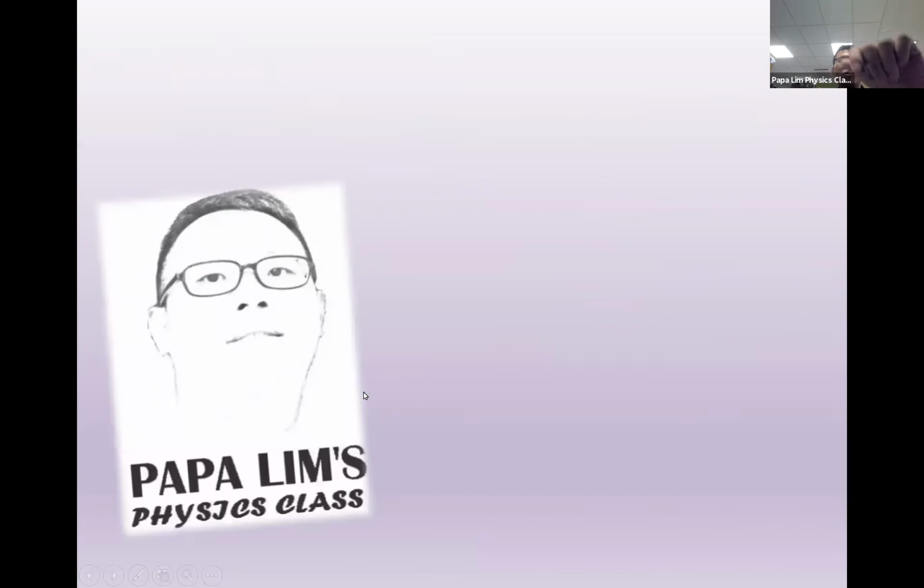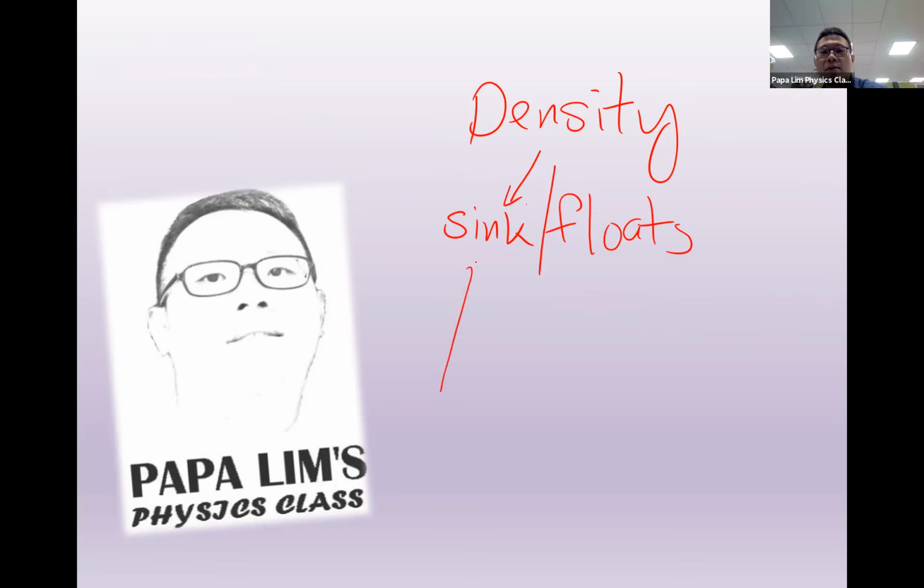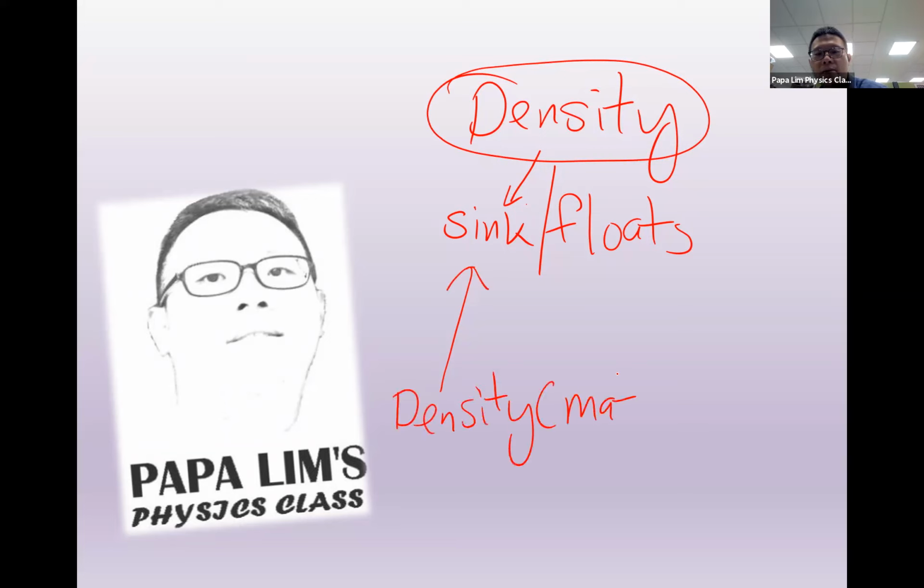So in short, when we look at the concept of density, we talk about sinking and floating. The first thing we look at is whether it sinks or floats. We look at density in terms of mathematics, in terms of formula, which is density equals mass over volume.